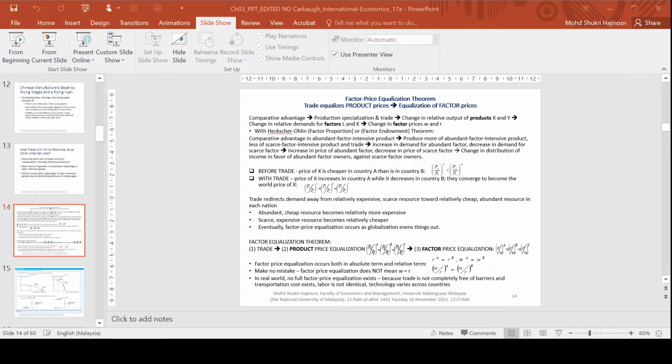Again, this is the concept that you must understand. When there is free trade, product prices will equalize all over the world.